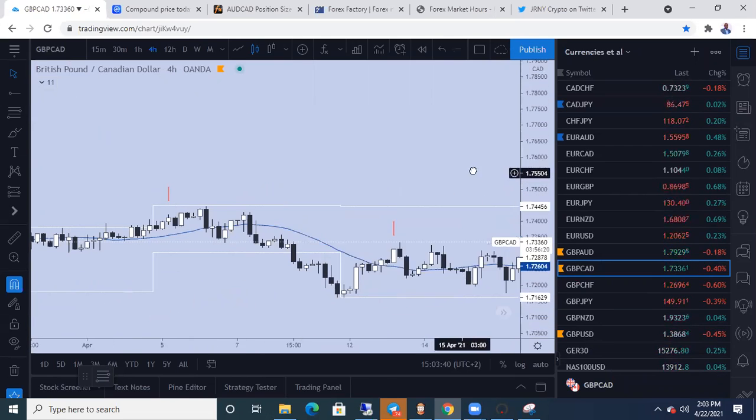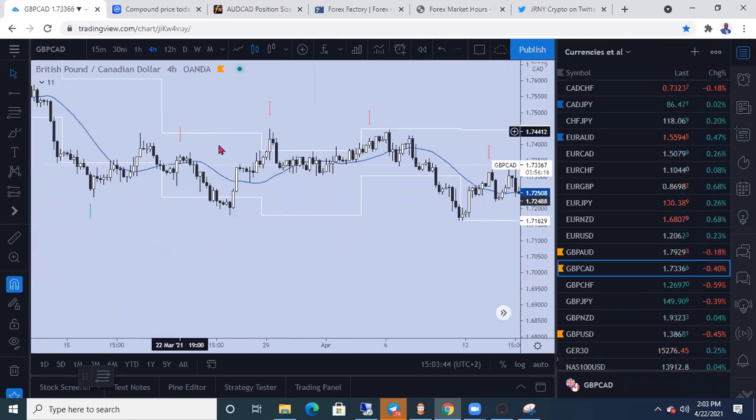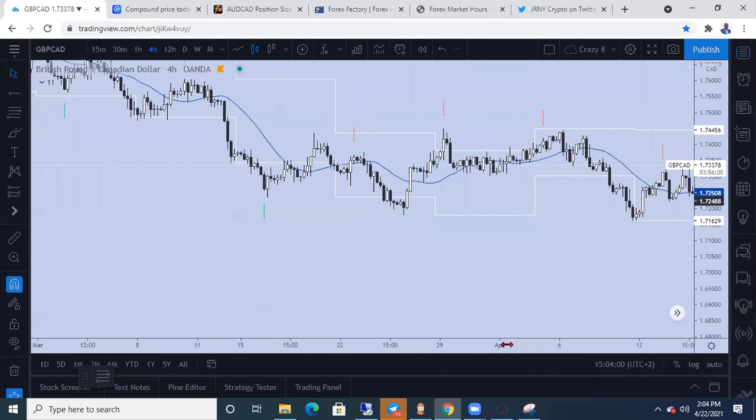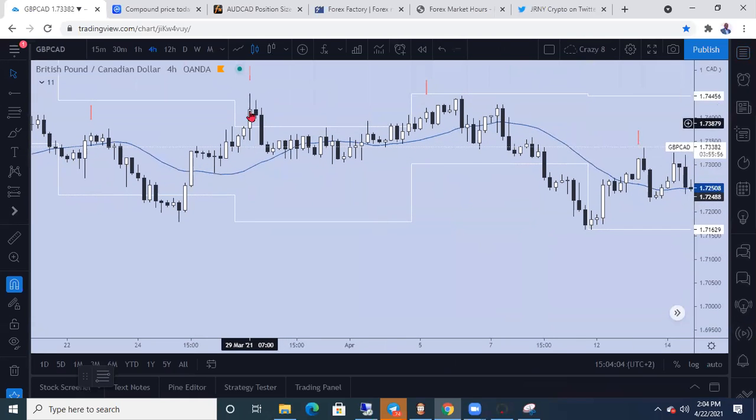If you have two or more like this, 1, 2, 3 H4 prophetic candles, close by, I would lay more emphasis on the one at the fringe, either the lowest or the topmost. So here I have this.